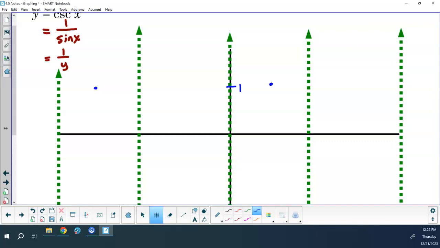Second easiest cosecant value, negative 1.